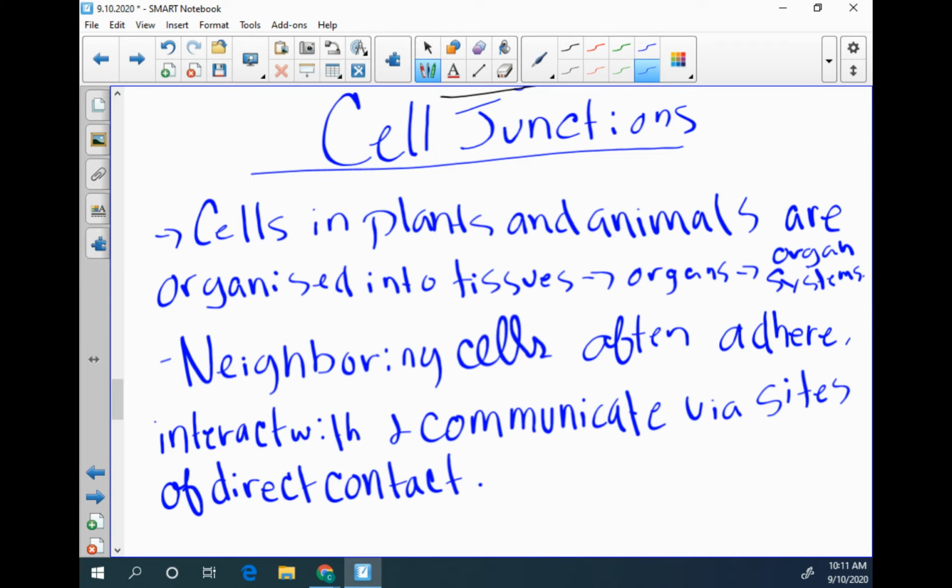And those sites of direct contact are going to be our junctions.